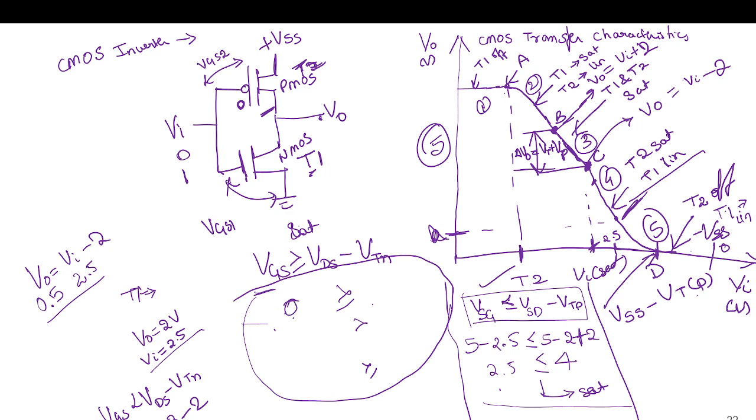So the gate will be 2.5 and the drain is 0.5 minus VTN. This region I will confirm, and yes, it should be linear, but I'm not getting this coordinate values to show you numerically.